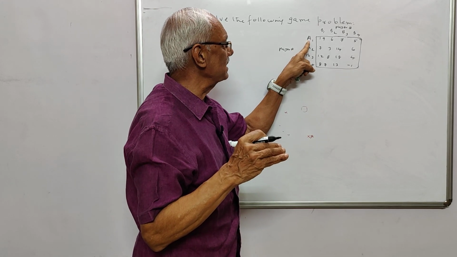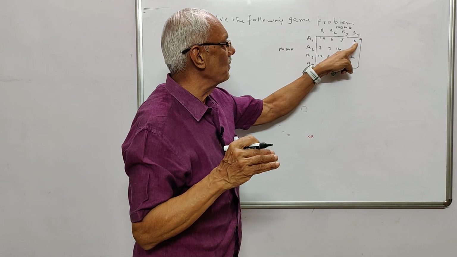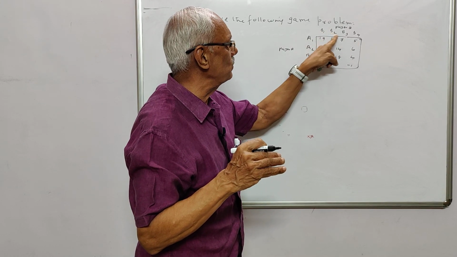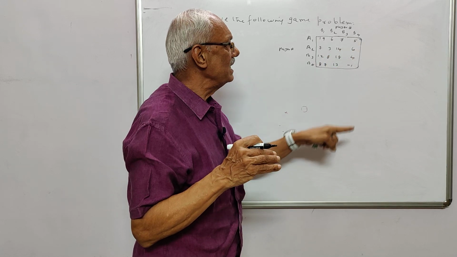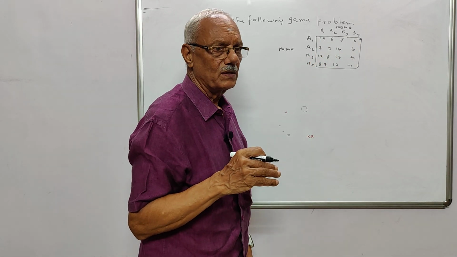If he uses the strategy A1 against the strategies of B, namely B1, B2, B3 and B4, he is likely to win 19, 6, 7, 5.